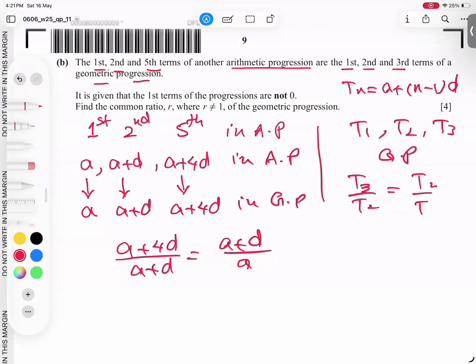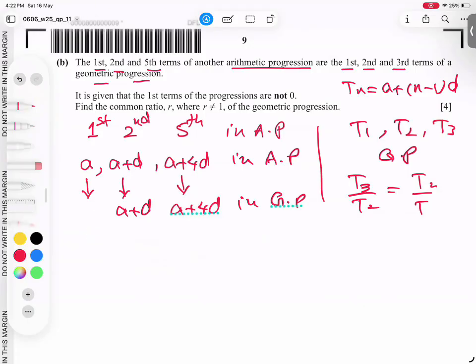One more important part here: we can compare them with r as well, and we can make equations also. What is the first term? The first term is the same, no problem in a GP. What is the second term, students? The first term is a, the second is ar, and the third is ar squared.